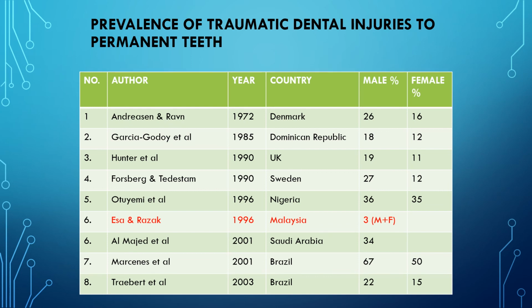Garcia Godo et al. 1985, Dominican Republic, also mentioned that male have 80% prevalence of traumatic injuries compared to female, which is 12%. Hunter et al. 1990, UK, also have high prevalence of permanent teeth injuries. It reaches 90% in male to 11% in female.